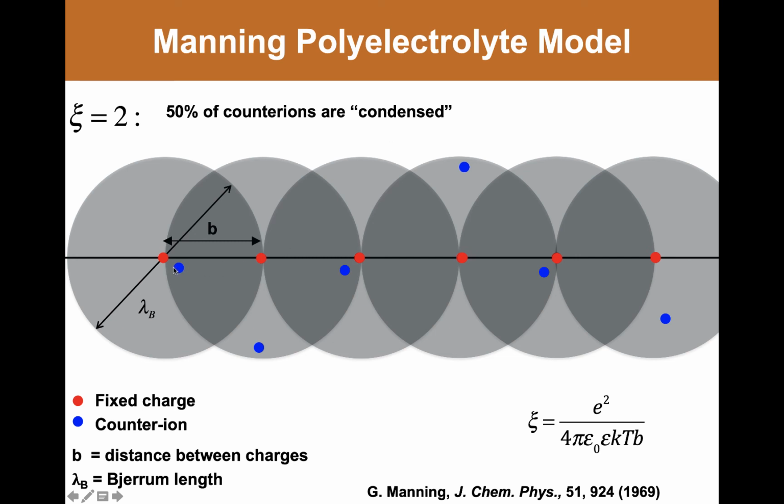Now, he did allow for the fact that these condensed ions, while they don't have a lot of opportunity to leave, or it's a very low probability that they leave the vicinity of the fixed charge groups in this direction, they can go along the backbone of the polymer chain with relatively low energy.